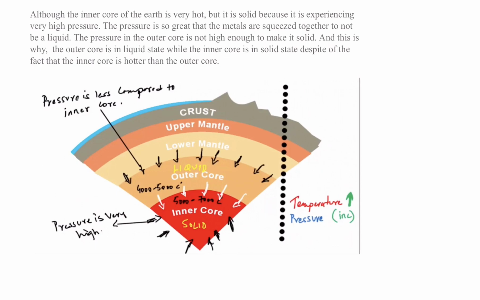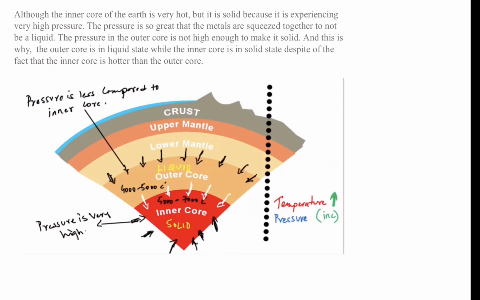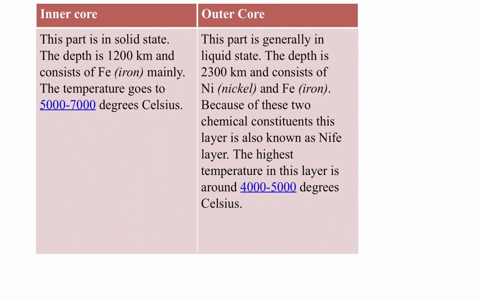So the very simple reason for this is that the inner core is solid because of the high pressure. So this is the difference between the inner core and the outer core. You can read it by pausing the video here.